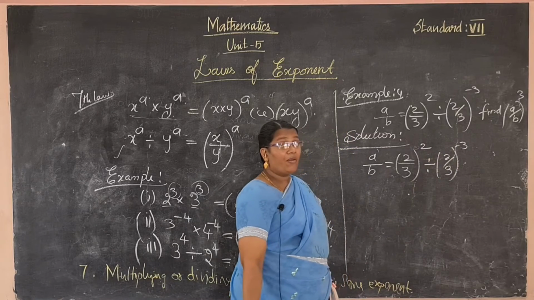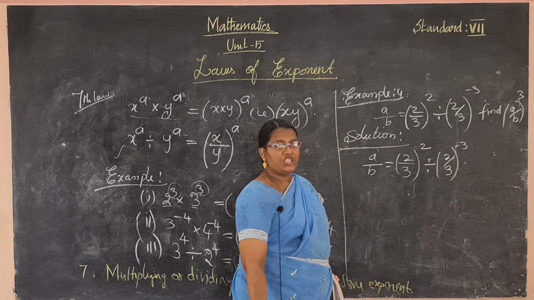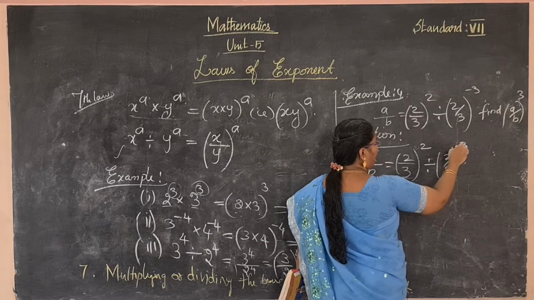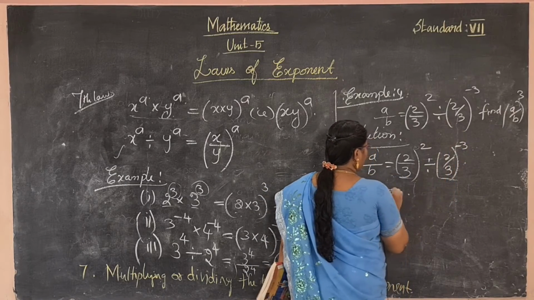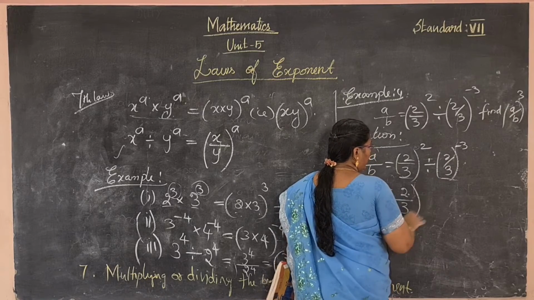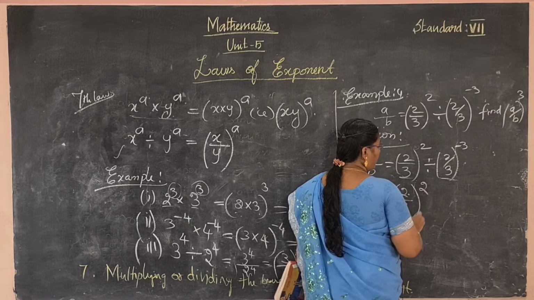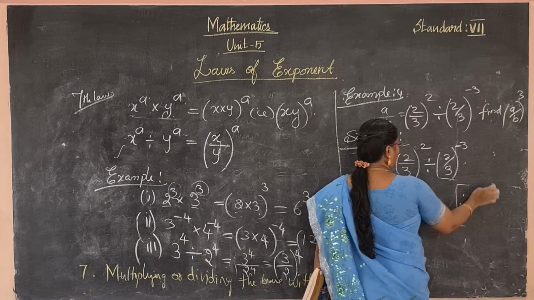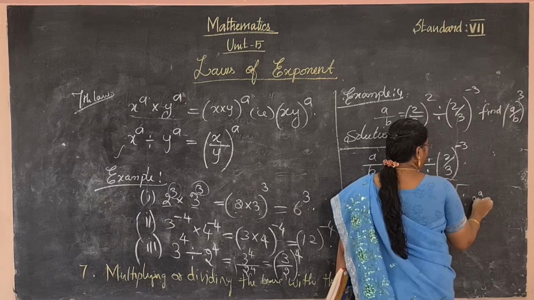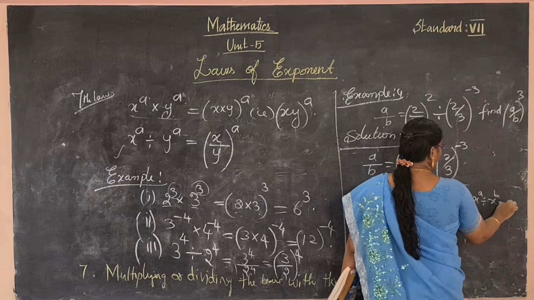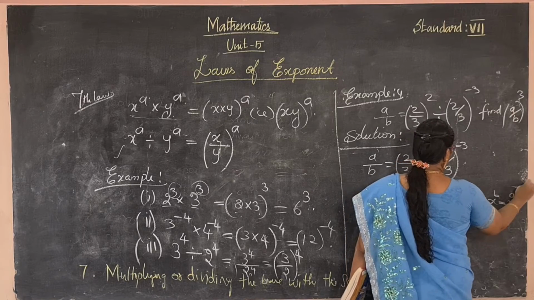So we apply the quotient law. The base are same, the powers are different. So what is the formula? x power a divided by x power b is equal to x power a minus b.